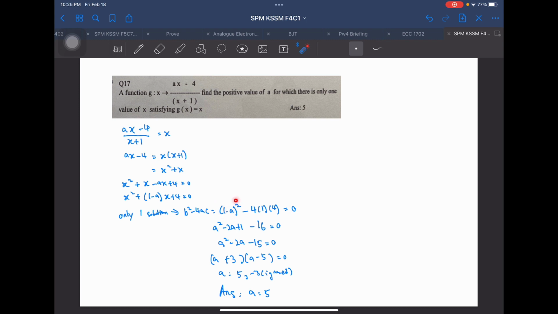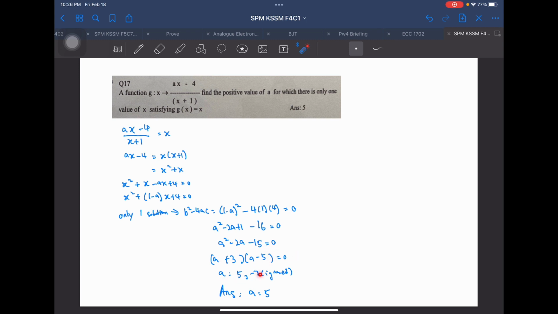You expand it, and you get this. Summing up these two values, you get this. Now you need to factorize a, and you see this is minus. So 1 is positive, 1 is minus, and then by trying out the values, you get 3 and 5. So a can be 5 or -3.